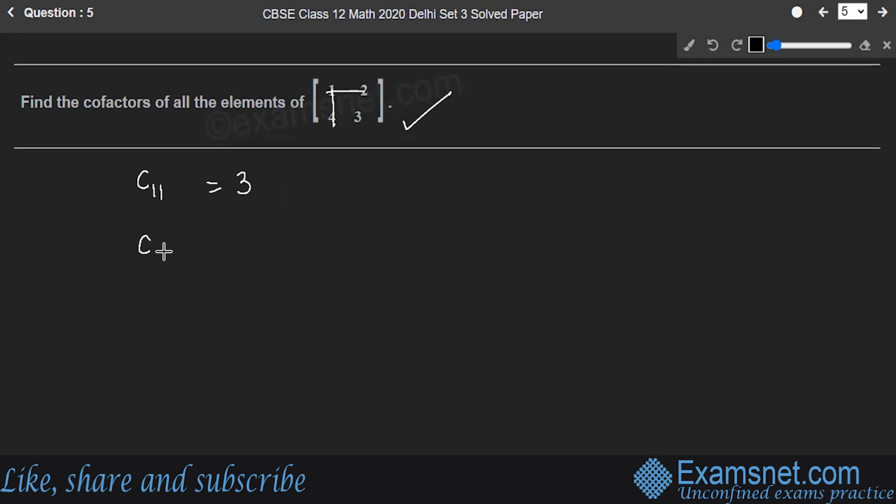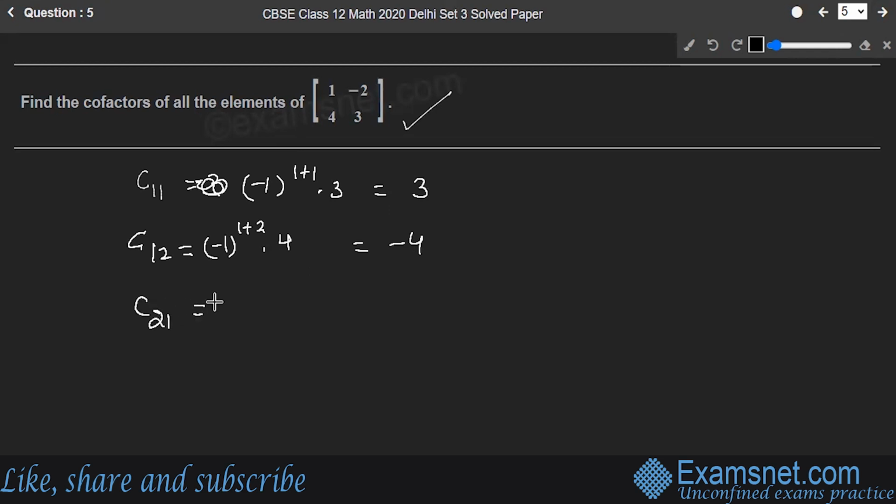Now C12, first row, second column, this will be equal to minus 1 raised to power 1 plus 2 into 4. Here it was the same thing, minus 1 raised to power 1 plus 1 into 3. This is equal to 3, and this is equal to minus 4.